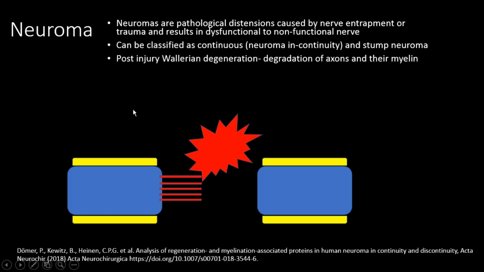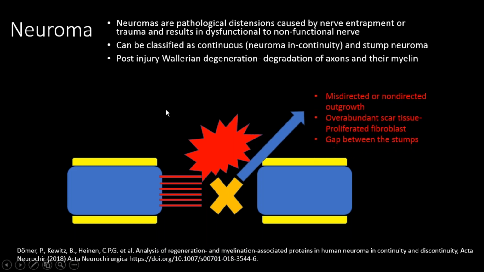And there are several factors that can hinder this axonal growth or healing process. Those are misdirected or non-directed outgrowths, so sensory fascicle into motor or motor into sensory, or fascicle A going to C versus A going to the A fascicle of the distal stump.